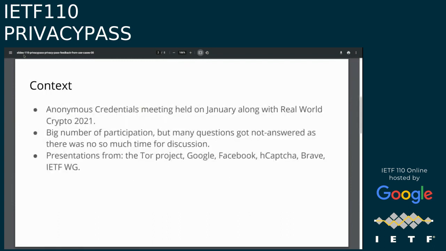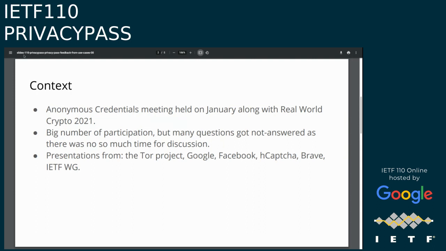Just to give a little bit of context of why this presentation exists, we held a meeting named Anonymous Credential Meeting, co-located in January with Real World Crypto 2021. The reason we decided to hold this meeting was to hear the feedback from the different use cases that had been using PrivacyPass, or some other use cases that are not using PrivacyPass specifically as written, but some work that is either derived from it or some different protocol based on anonymous credentials.